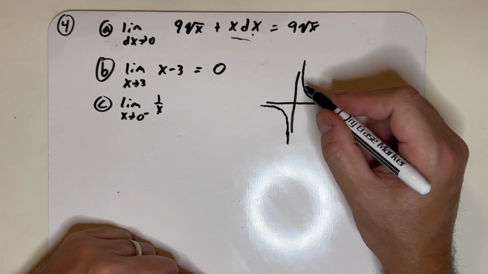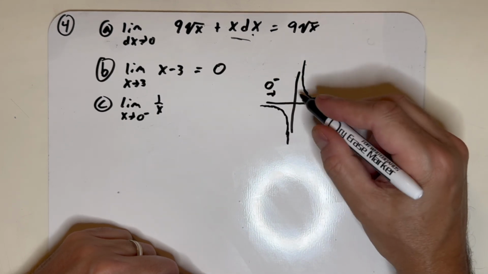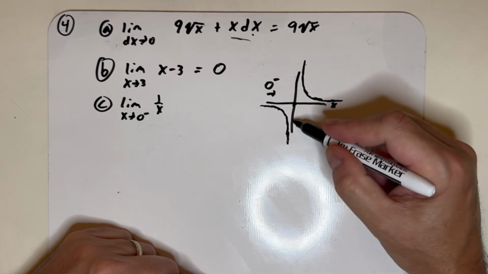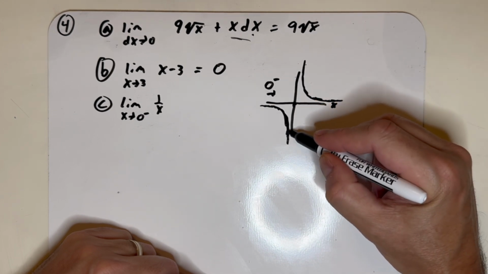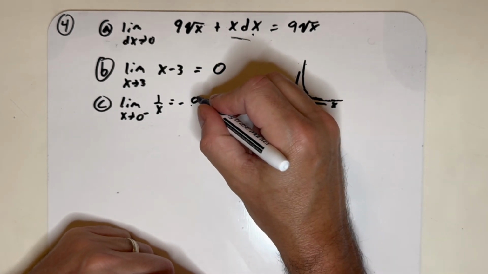So if we come from the left, approaching 0, which is here at the origin, this goes off towards negative infinity. You can see it going off to negative infinity. So this I would write as minus infinity.